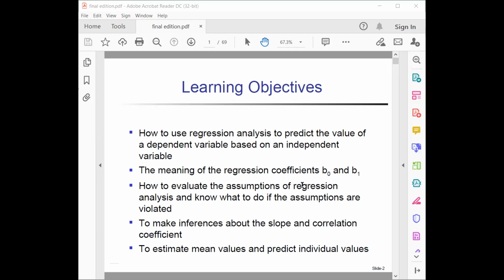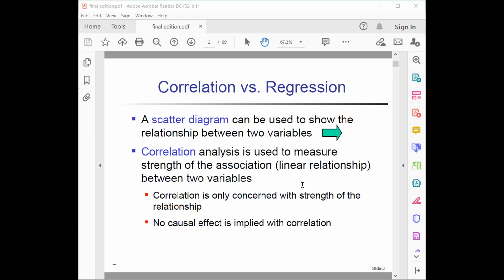Okay, let's start. This is the definition of correlation versus regression. Actually, we learned yesterday about correlation and regression.